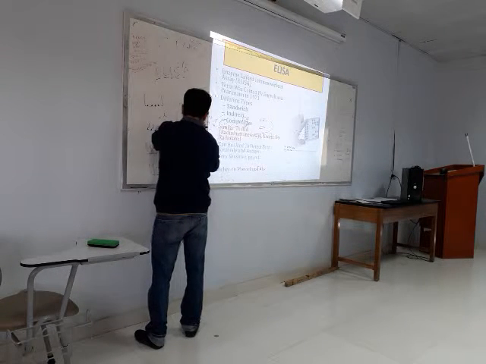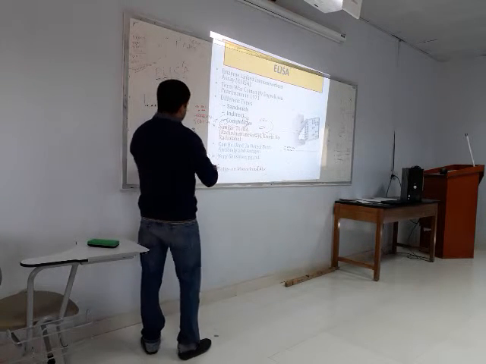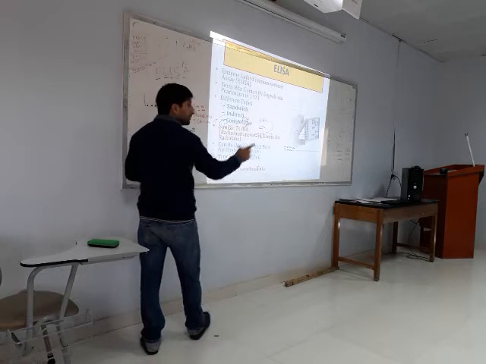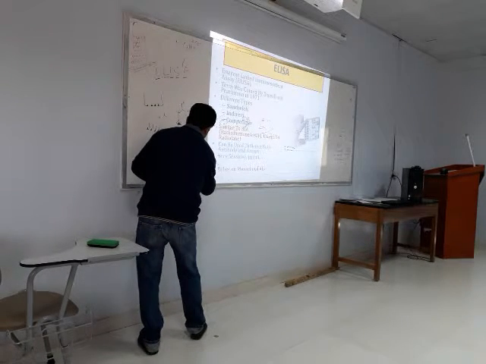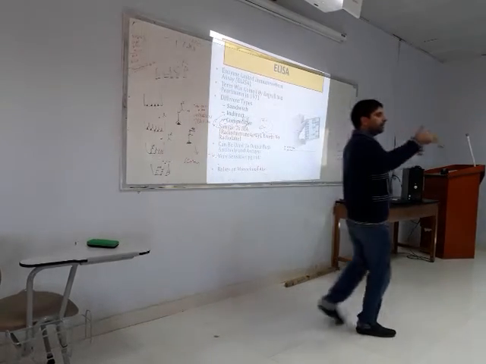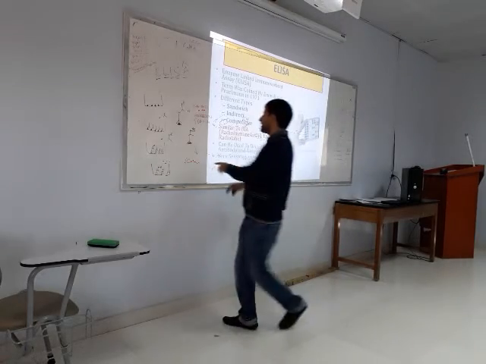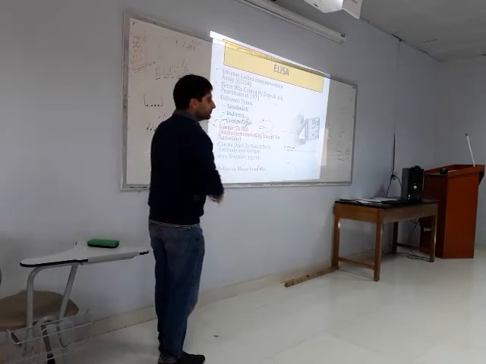Enzyme and substrate will bind here. And the result will be shown in color. If it is colorless, and now when color is produced in the reaction, it is considered as positive.